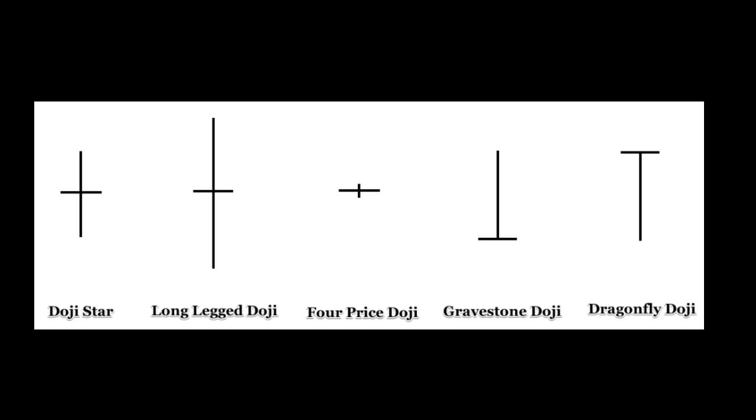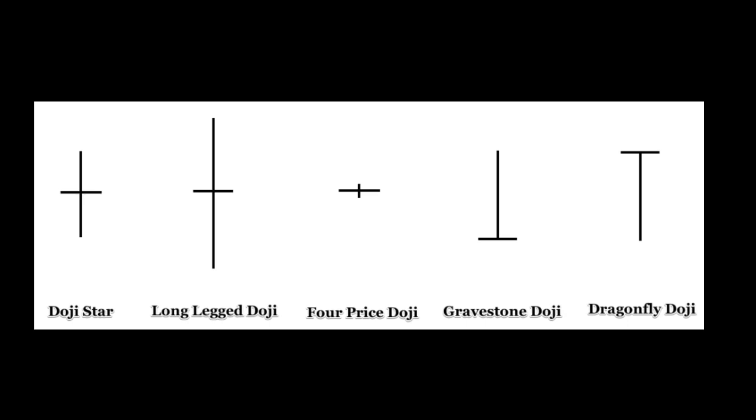So there are a few different things you're going to want to look for. These 5 that are showing are, in my opinion, the main 5. Now, the dojis are going to represent indecision as well, but it's a different kind of indecision in reality.